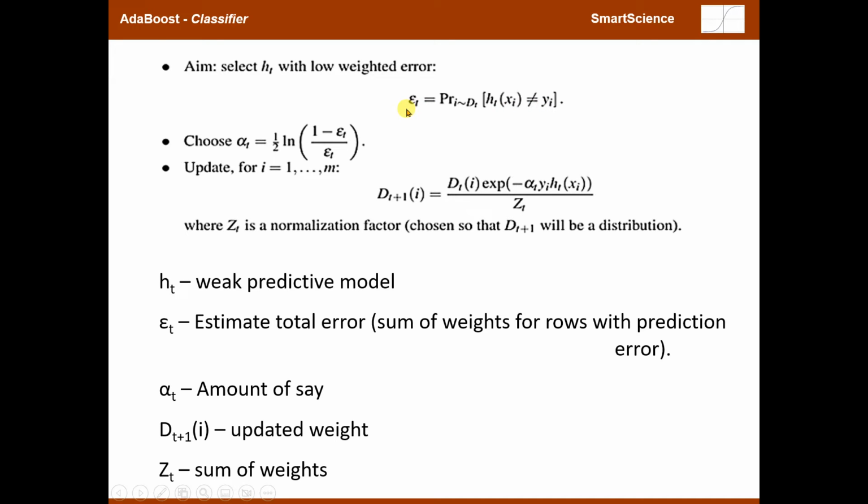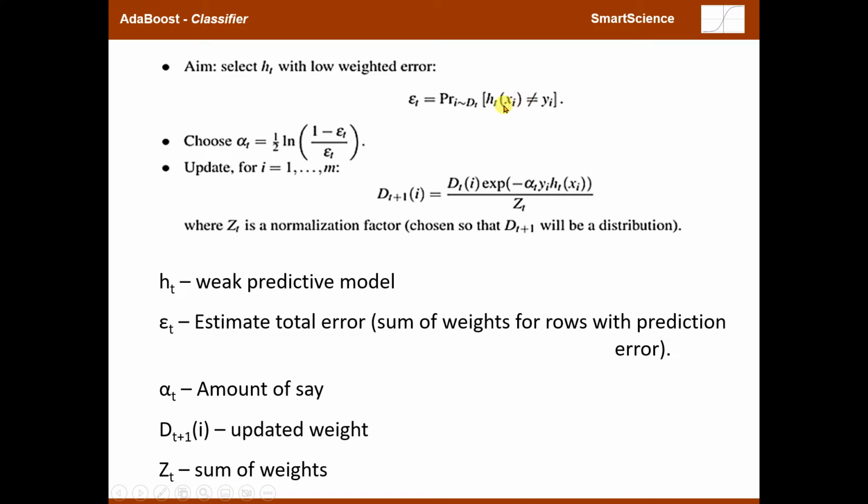Now this total error is nothing but the proportion of observations where our prediction has gone wrong. So ht of xi is the prediction of our model. So h1 of xi is the prediction of our first model for each observation.